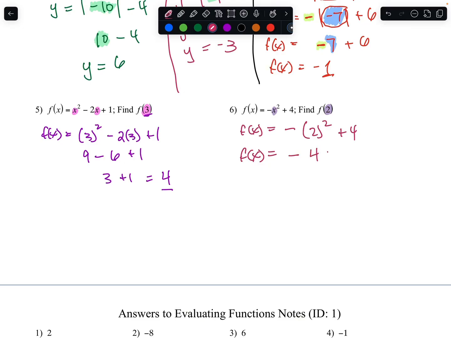That's 4. And remember, let's go ahead and highlight this. This 4 part right here came from the 2 squared. This negative on the outside was because this was on the outside. And so when I end up with my negative 4 plus 4, that equals 0. So when my input is 2, my output is 0. Okay?